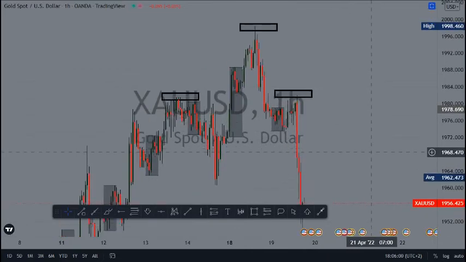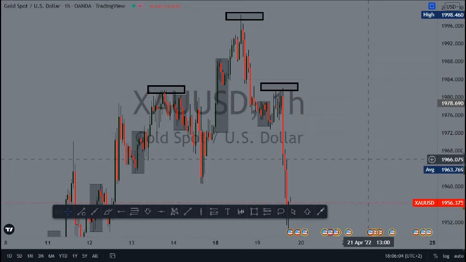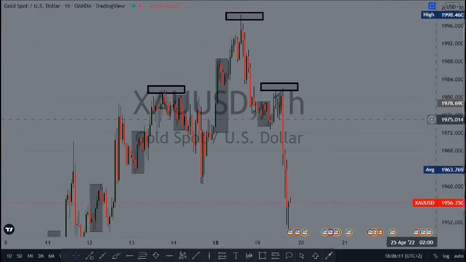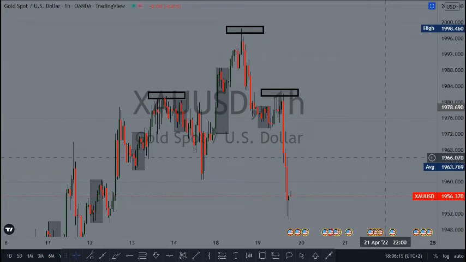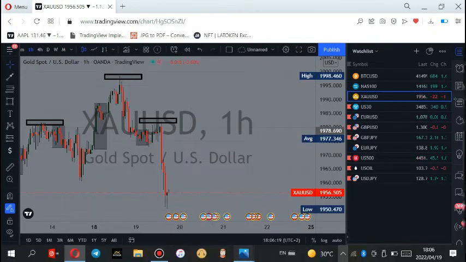So these are patterns that you can trade. All you have to do is wait for the right setup, and you have to practice discipline and also use proper risk management.